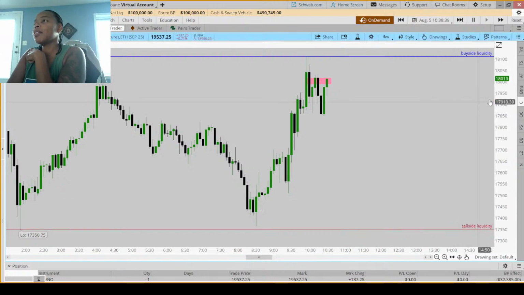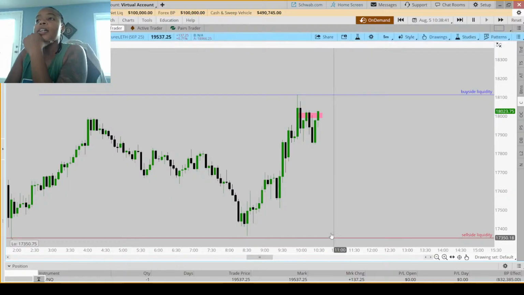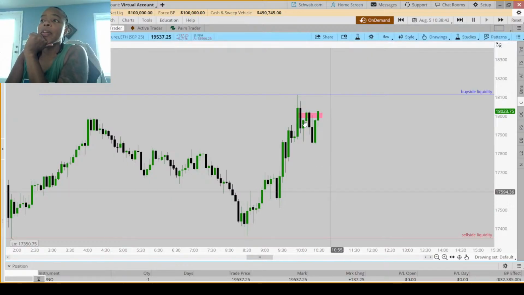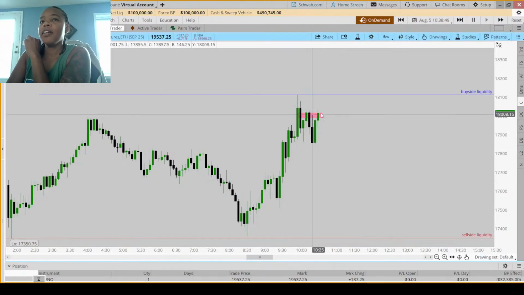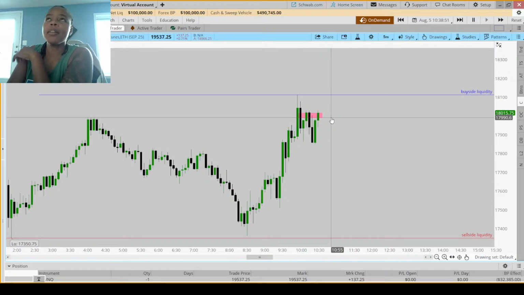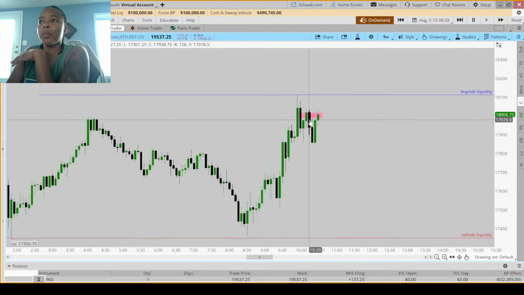It drives me nuts. But yeah, with that weak closure. That's why it's so important to look at the 5 minute, 15 minutes, to make sure you're not getting caught in accumulation.